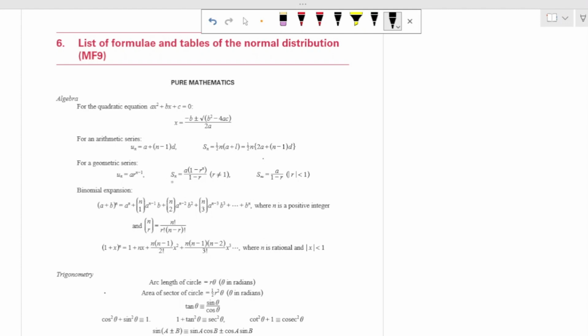So we have two equations here. We have this equation of sum of n terms, and we also have this equation, but this of course cannot apply because this is sum to infinity, and for this one we need r to be less than 1. So we just completely ignore this equation and go for this equation, making sure that r is not equal to 1.